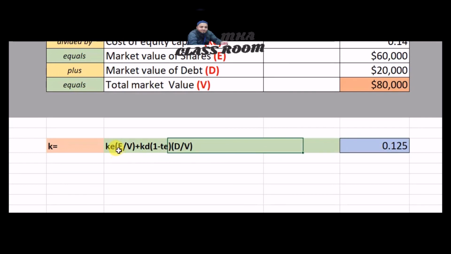That means the cost of equity 14% times 60,000 divided by 80,000, plus KD 8%, 0.08, times 1 minus T, where the tax rate is 0, times D, the value of debt 20,000, divided by the total market value of 80,000. So in this way we have seen that the weighted average cost of capital is 12.5.